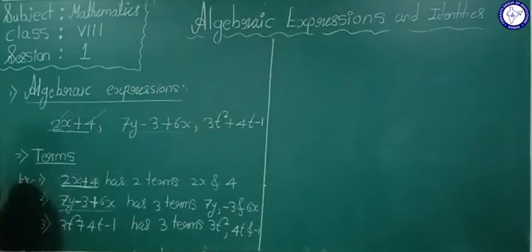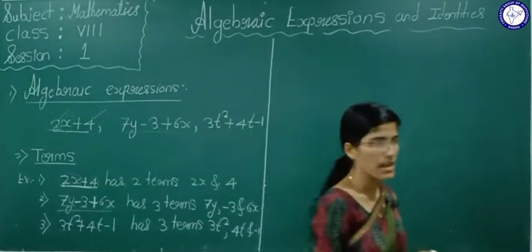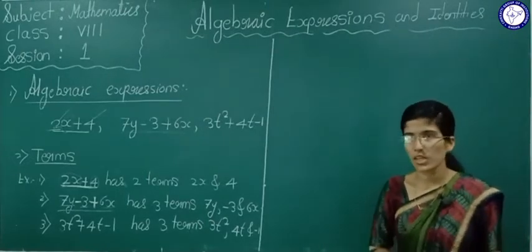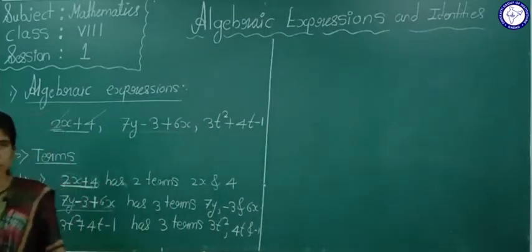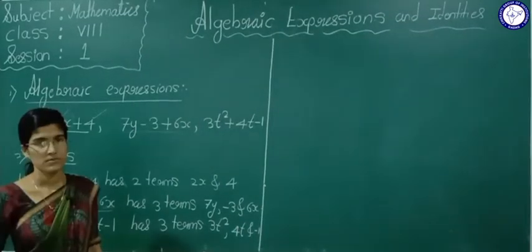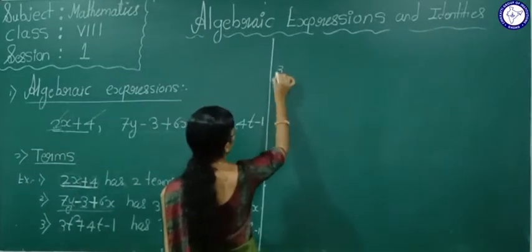So what can we tell about the terms? Just now I told, various parts of an algebraic expression separated by plus or minus signs are nothing but the terms of the algebraic expression. This is about terms.